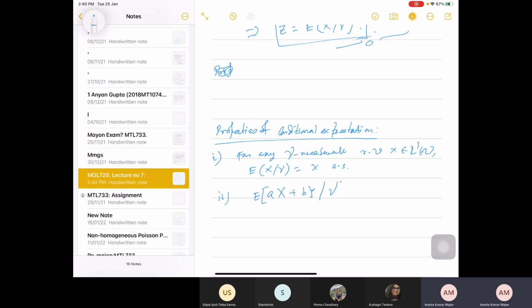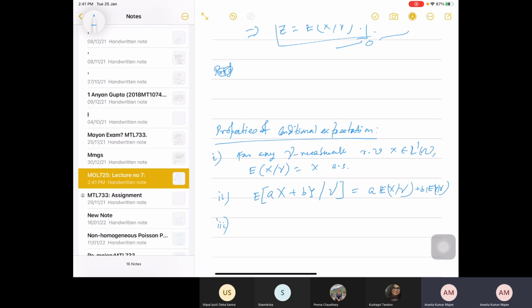Then linearity holds, meaning a times the expectation of X given nu plus b times the expectation of Y given nu, such that all these things make sense. That means X and Y should be integrable. You just check it, by definition it will come, nothing else. You write down the left hand side, then it will come in terms of integration, and then you know the linearity from there, so it will automatically come.